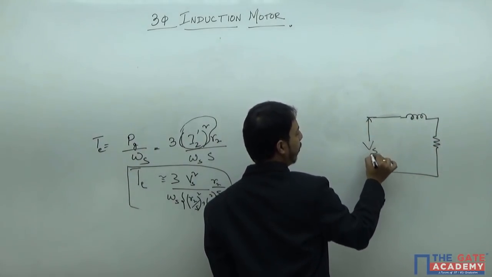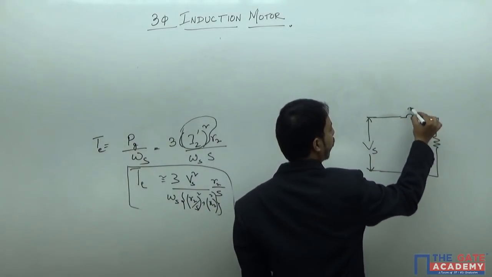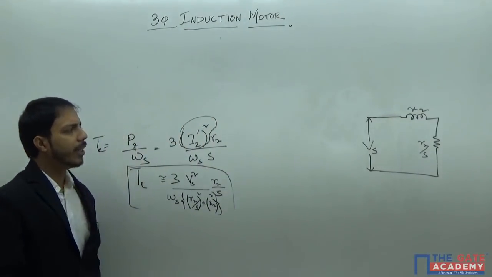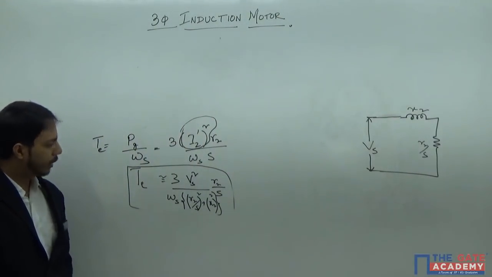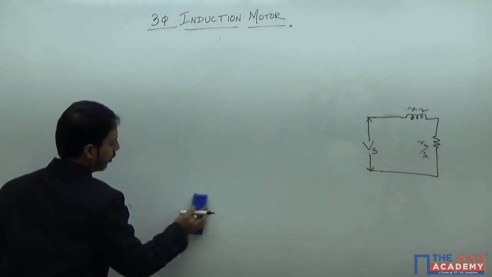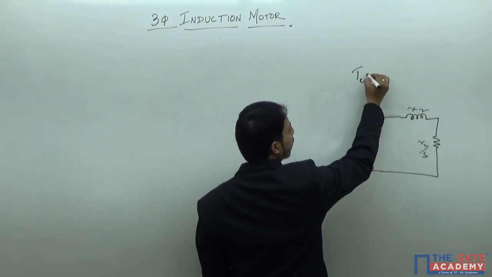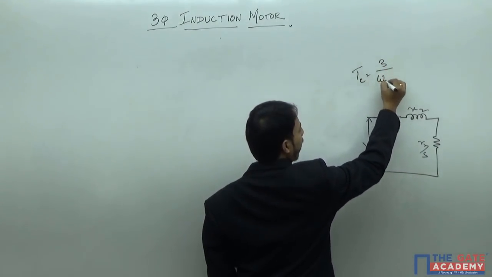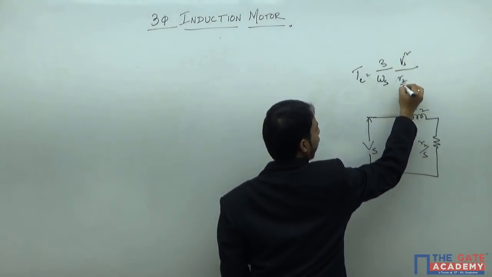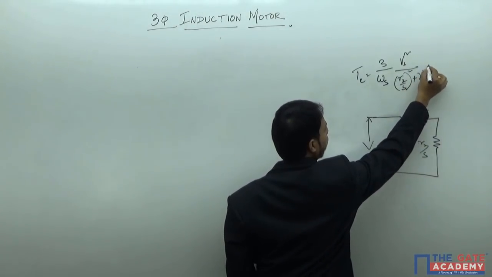So this is my simplest equivalent circuit of the induction motor. Now, let me write my torque equation as 3 by omega S, Vs whole square, into R2 by S, divided by the bracket (R2 by S) whole square plus X2 whole square.